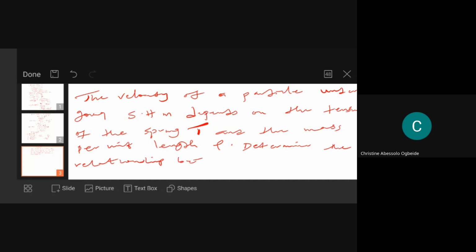The question now says, determine the relationship between these quantities using the method of dimension analysis.